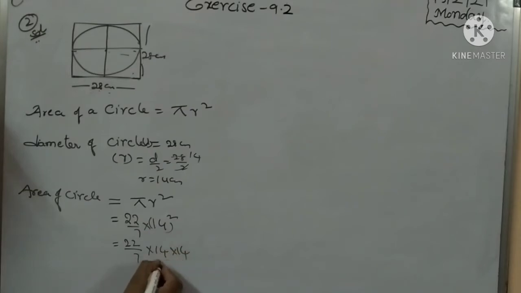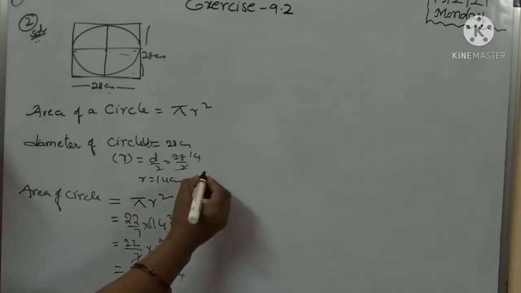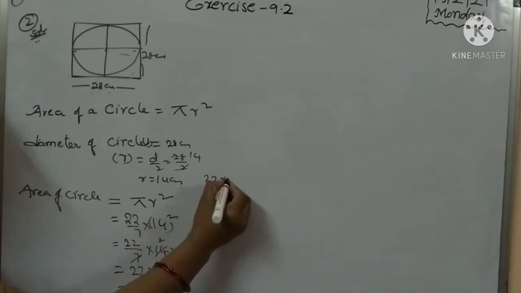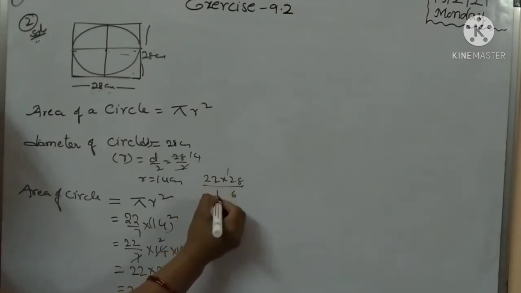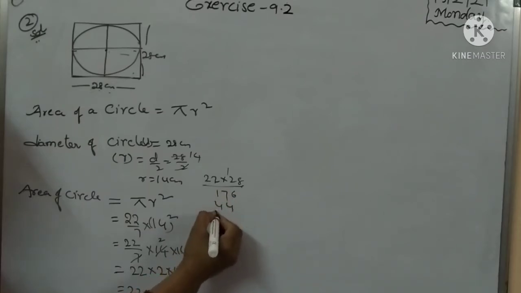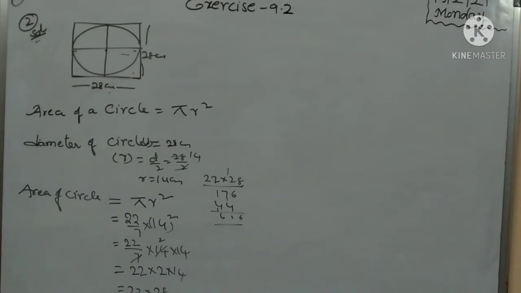14 into 14. 7 ones are 7, 7 twos are 14. So 22 into 2 into 14. So here 22 into 14 twos are 28. So multiply 22 into 28. 8 twos are 16 plus 1 is 17, 2 twos are 4, 2 twos are 4, 6, 11, 616.